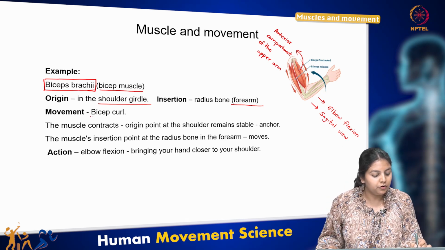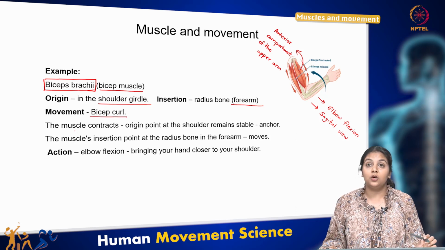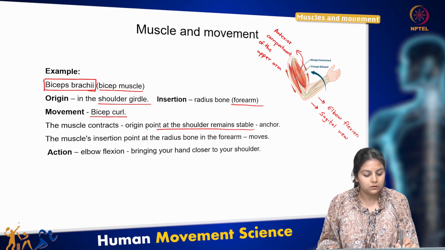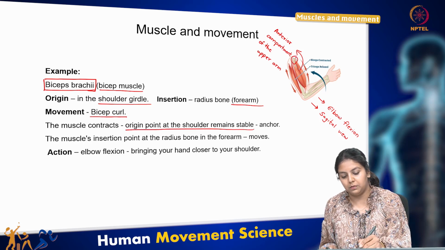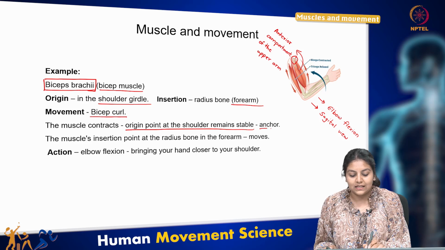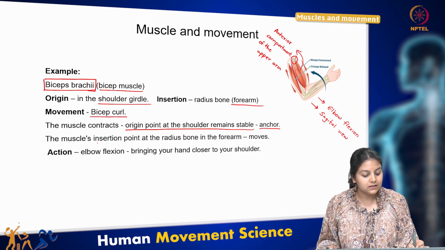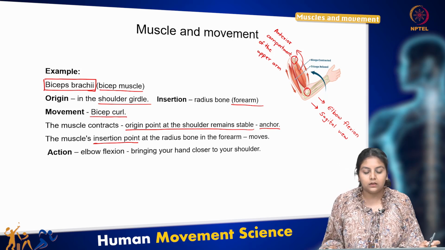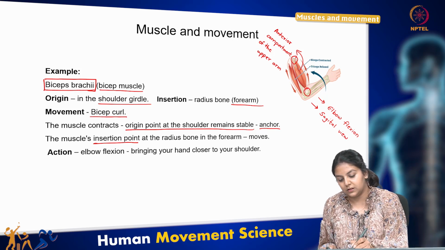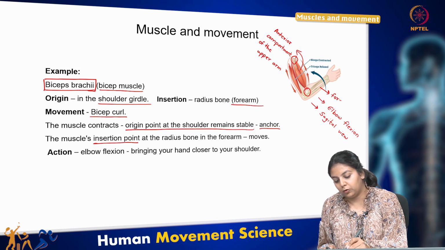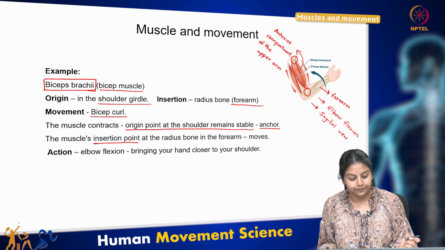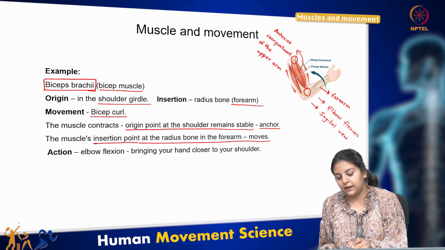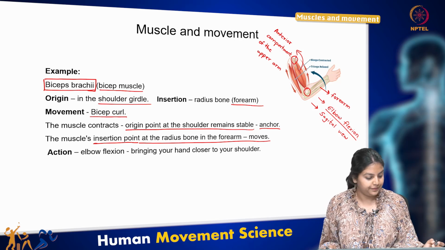So let's look at the movement of a bicep curl. The muscle contracts, and the origin point at the shoulder remains stable. This point here remains stable and acts as an anchor, and the muscle insertion point, which is here at the radius bone in the forearm, is the one that moves, resulting in elbow flexion.